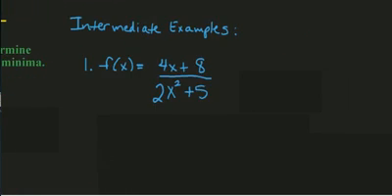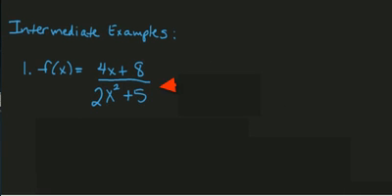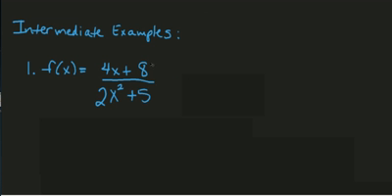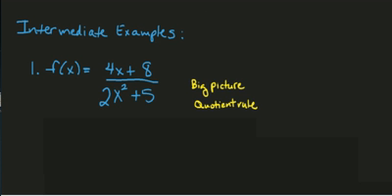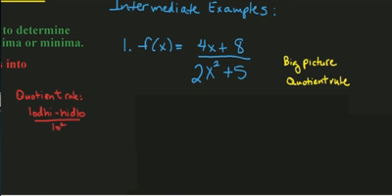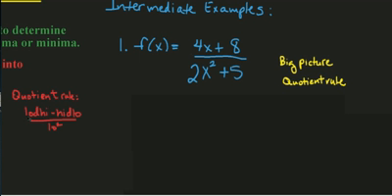Here we have a function, a rational function, and we're asked to determine extrema using the second derivative test. So the first thing you should recognize is that we have a quotient here. So in order to do the derivative, you have to recognize that it's a quotient rule. So hopefully you remember your quotient rule, and you remember it however you want to.